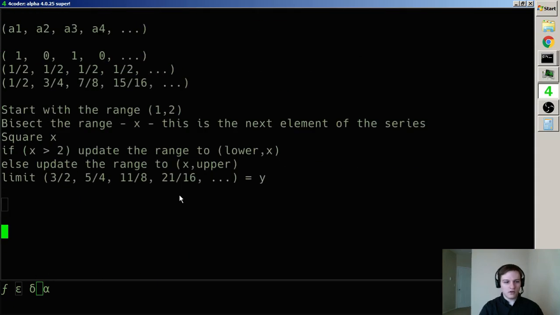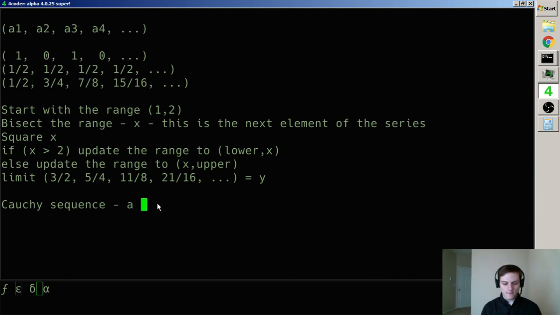Well, I'm going to introduce you to this concept of a Cauchy sequence, which basically means it's not a sequence that converges on something. It doesn't have to converge on something, because as we see, this doesn't converge on a rational number. But this is a Cauchy sequence, as are this and this.